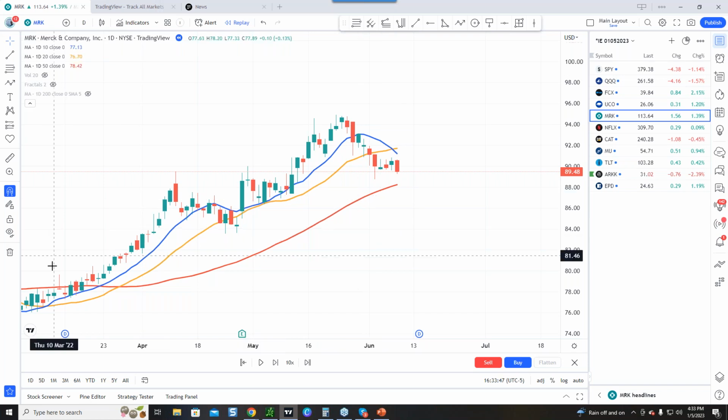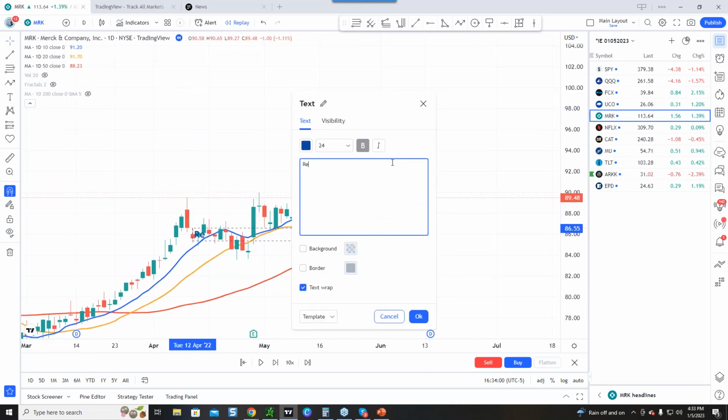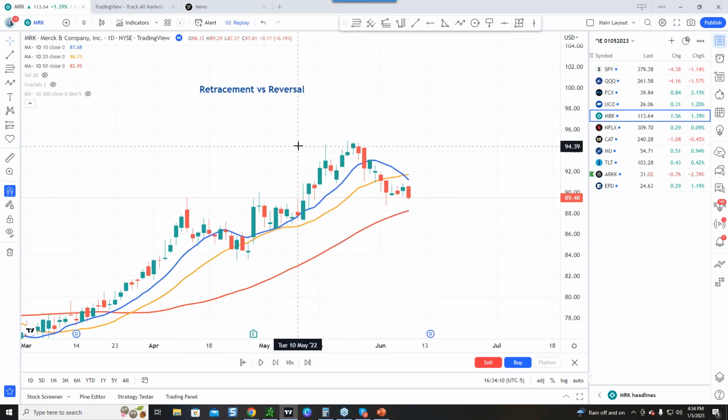As long as we are above the 50-day, it's an uptrend. This down move here is a retracement. A lot of traders can run into confusion around a retracement versus a reversal. The reversal is when something changes direction. So if something's going up and then it goes down, that's a reversal.